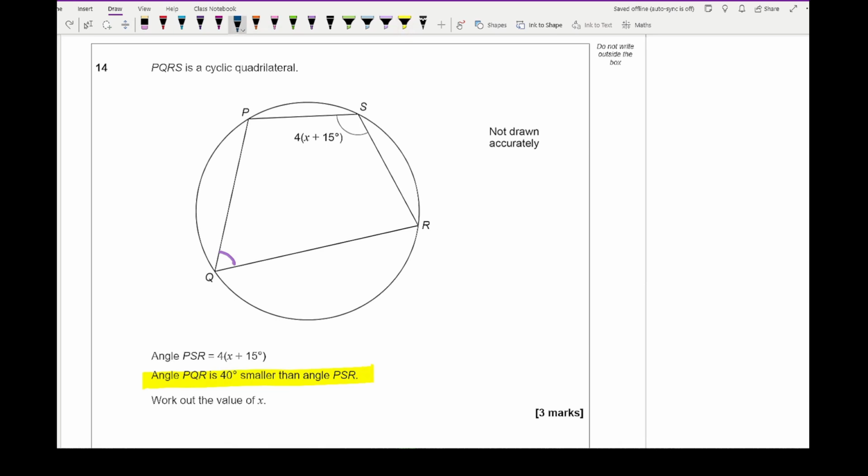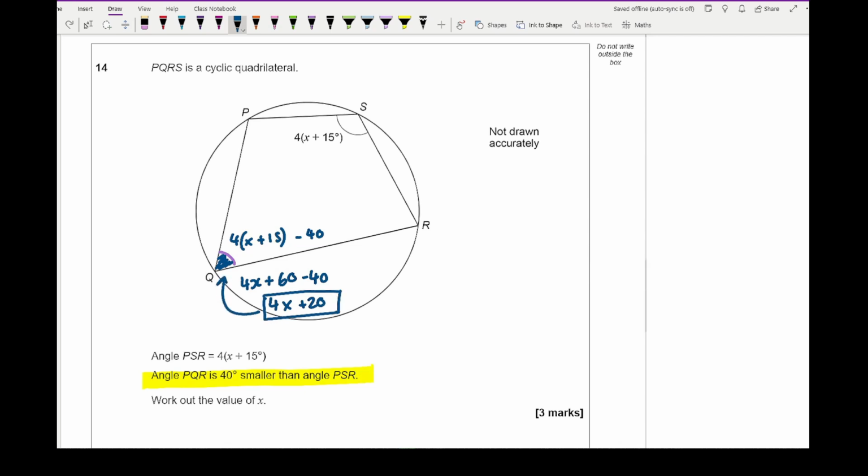So that means this angle here is going to be 4x plus 15 minus 40. If I simplify all of that, this angle here is going to be 4x plus 60 minus 40, which is 4x plus 20. And that is my angle for this.